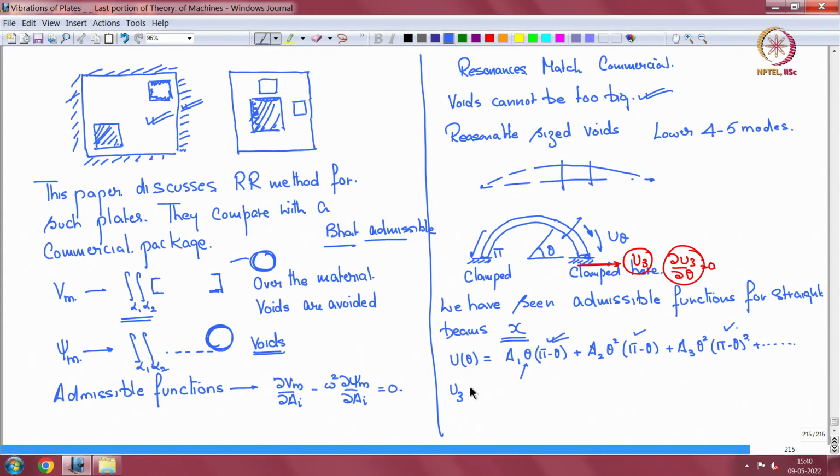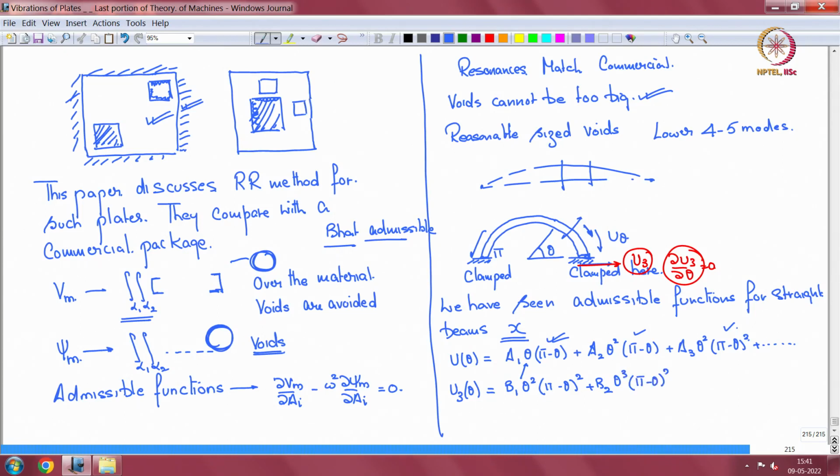So what do we do? For u3, we start with b1 theta square, pi minus theta whole squared, plus b2 theta cube.